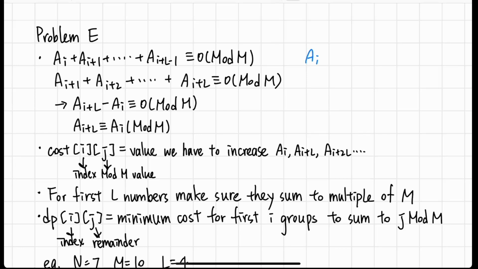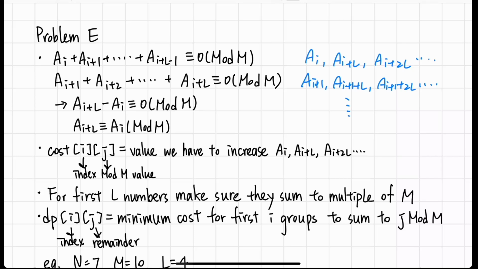AI, A(I+L), A(I+2L), and so on will all be in the same group, and A(I+1), A(I+1+L), and so on will all be again in the same group, and this goes on and on.